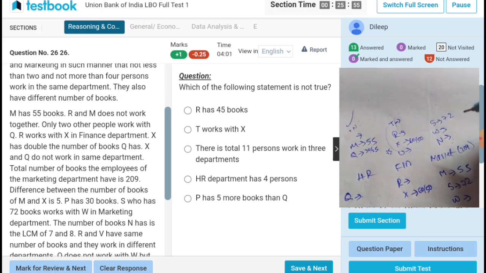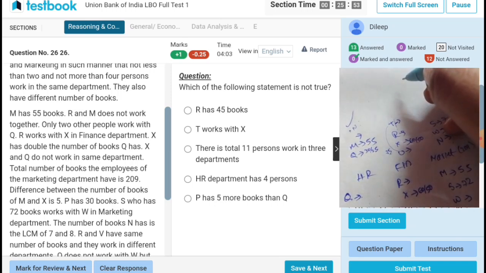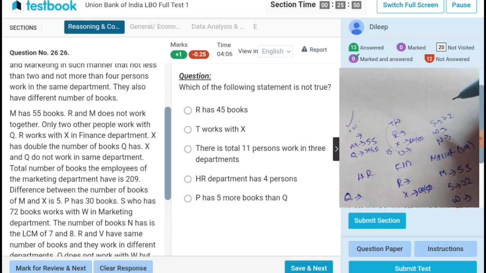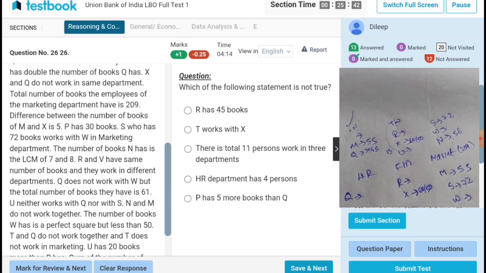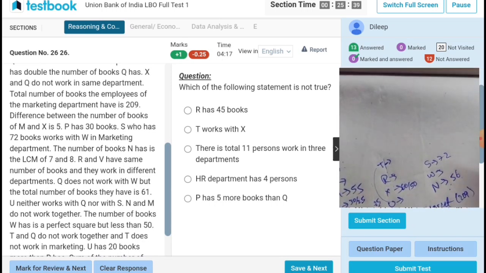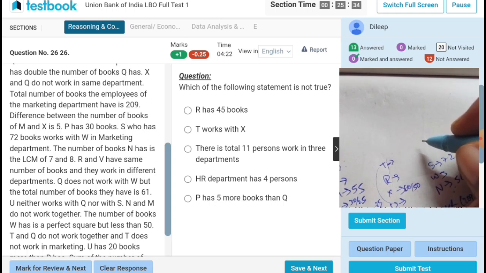P is 30. N is 56. R and V have the same number of books. Q is 21 or 26.